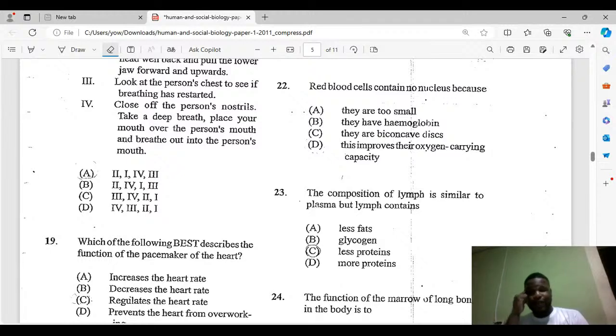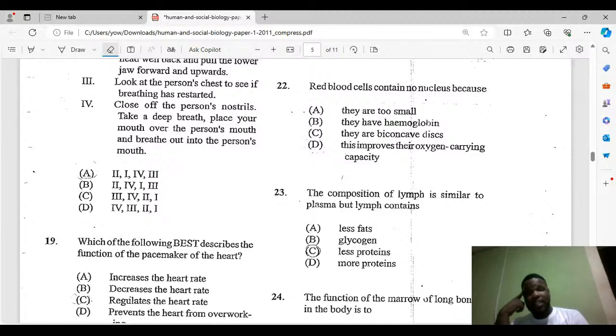The lymph and the plasma are both liquid. The difference is that the plasma is not filtered. The plasma is the liquid part of the blood, while lymph is liquid in the body that has been filtered by the kidney, specifically the Bowman's capsule.